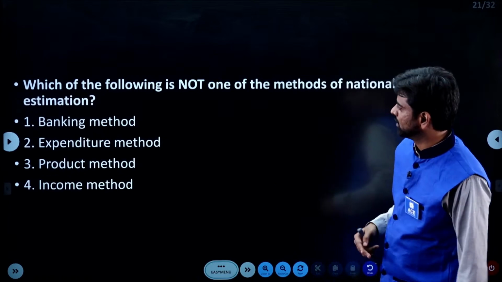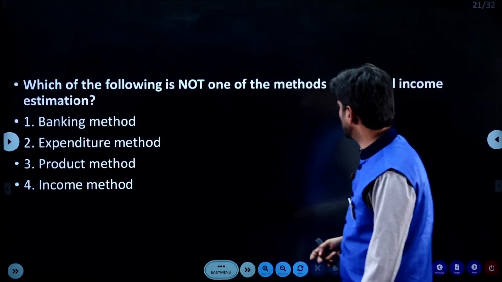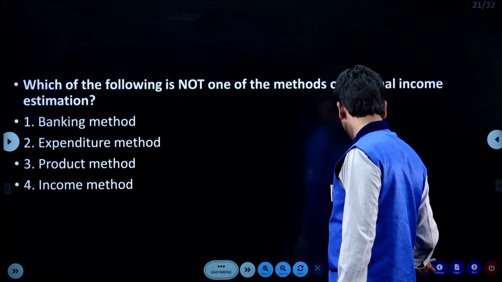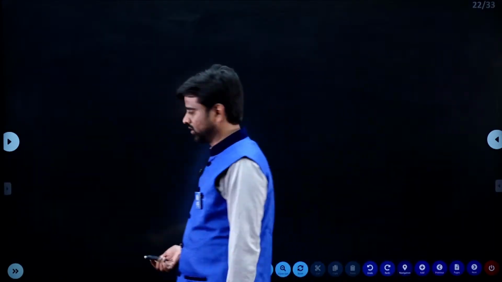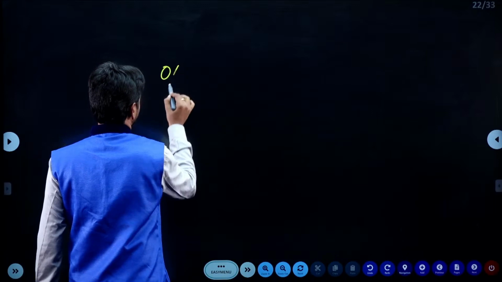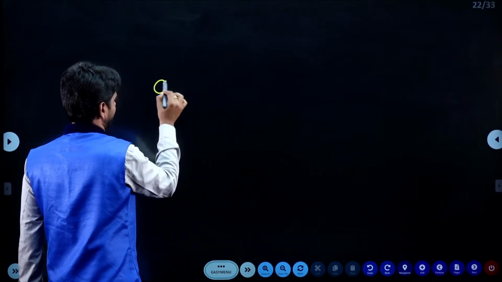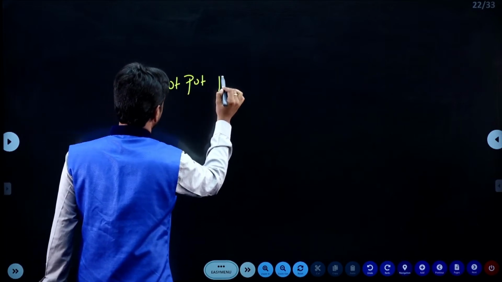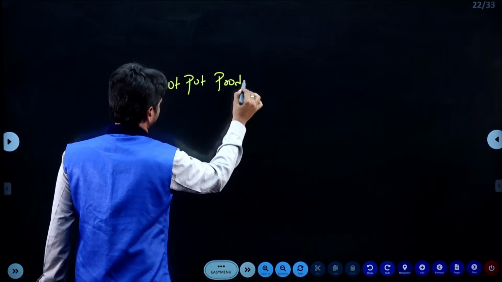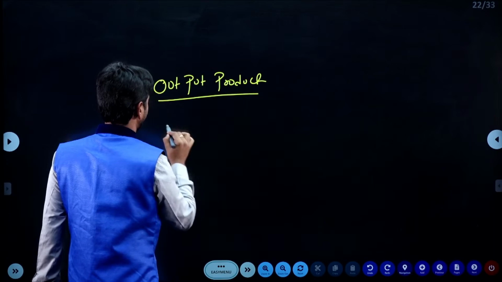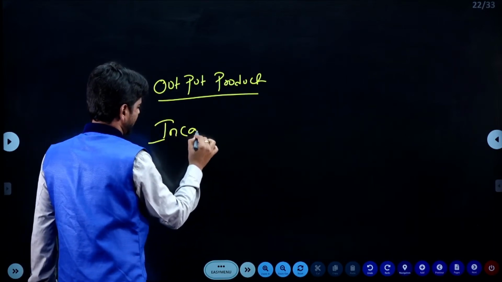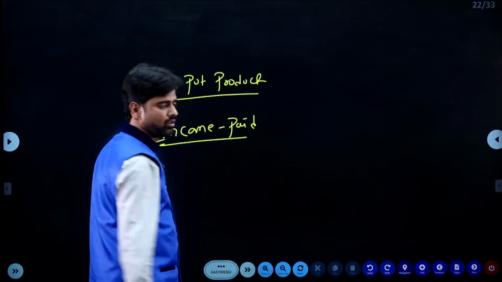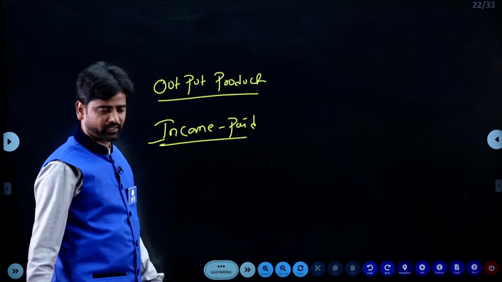Okay, which of the following is not one of the methods of national income estimation? There are 3 methods of estimating national income. The first one is the output product method. The second one is the income method, or income paid method, which we can also call the distribution share method or factor income method.